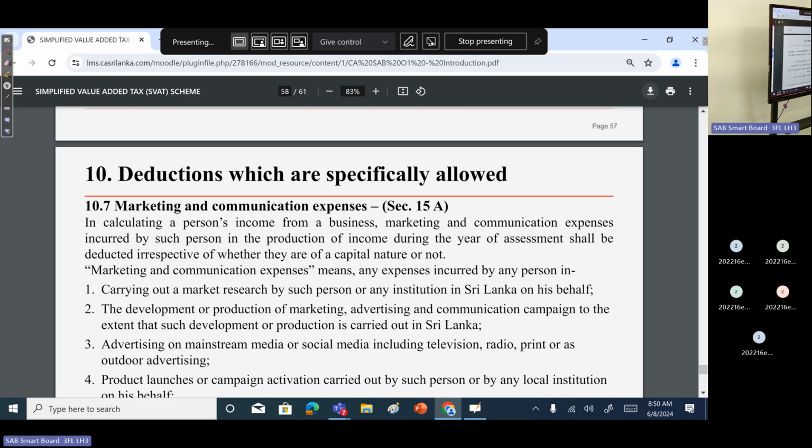Right? But I know that say telephone or internet expenditure, if it is incurred in the production of income, you can deduct it anyway. No need to separate it. So here, the reason is what I told you previously also.